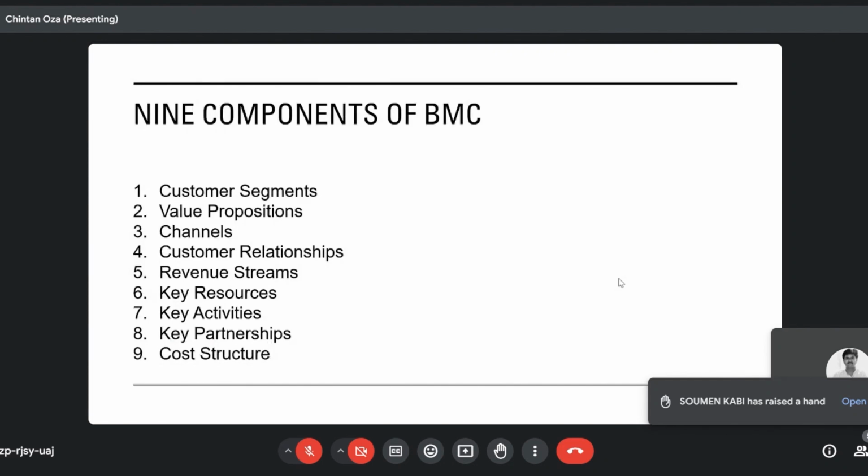These are the 9 components of BMC: customer segment, value propositions, channel, customer relationship management, revenue streams, key activities, key partnerships, and then at the end we will have a look at the cost structure. Can you guys make a note of these 9 components, please?